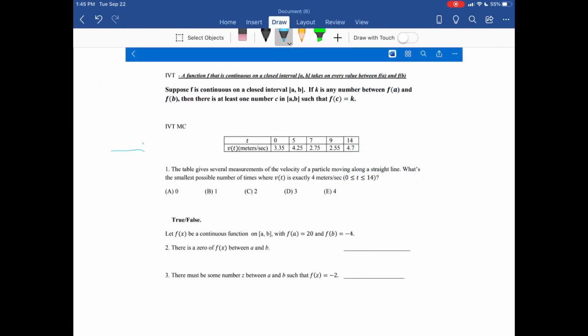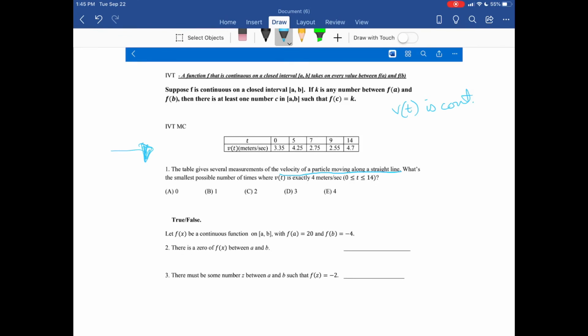Last one. This is on your IVT worksheet. So here I'm given a table with some measurements of the velocity of a particle moving along a straight line. We know that if we are measuring velocity, it's a continuous function, even if it's just straight zero, right? We stop. It's a continuous function.